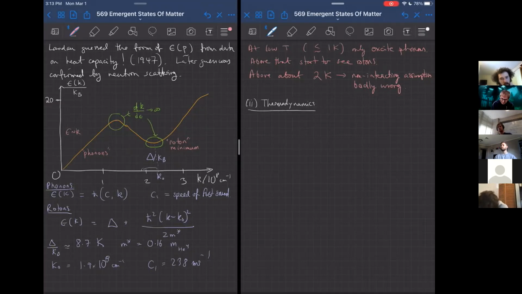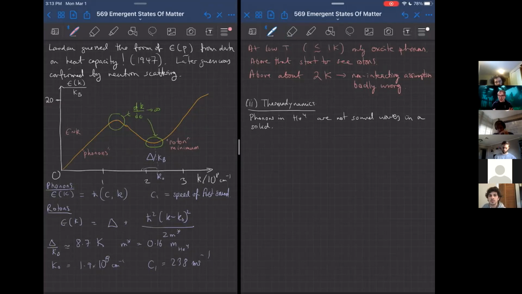So the first comment I want to make is that the phonons in helium-4 are not the same as sound waves in a gas. Actually, I've said that completely wrong. So let me take that back. They're not sound waves in a solid.